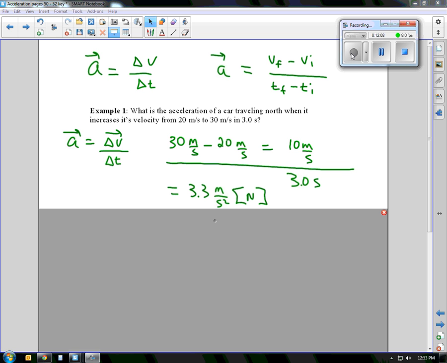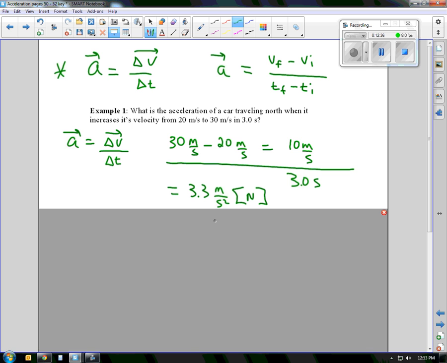Now, one thing that we should probably just review here is what these deltas actually mean. So I don't know if you have a little space on top of your page as well. But we do know what the deltas mean. They mean change in velocity over change in time. But I don't know that it has been stressed enough to you that we can rewrite these deltas as follows.